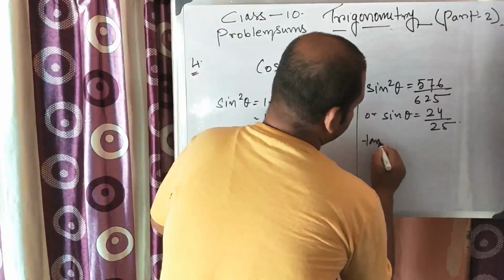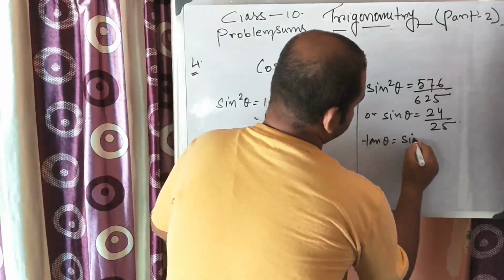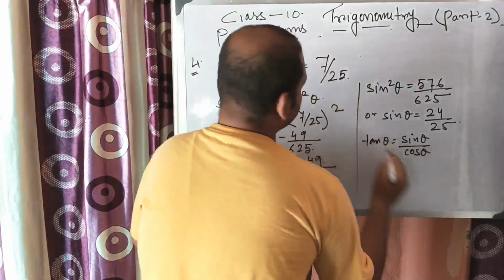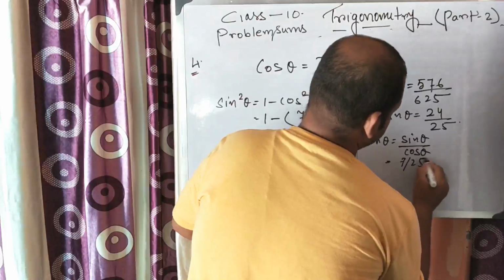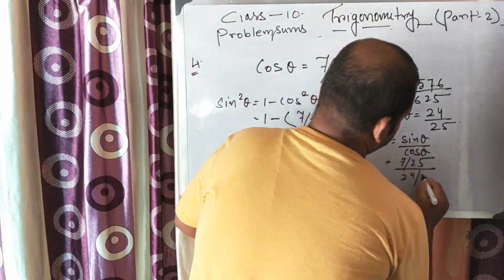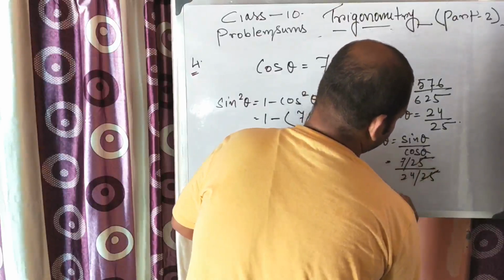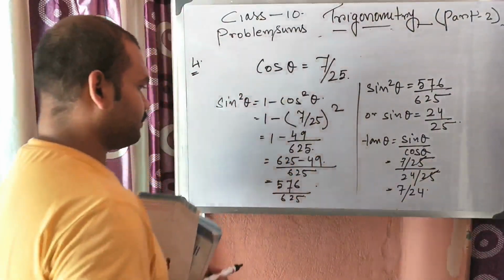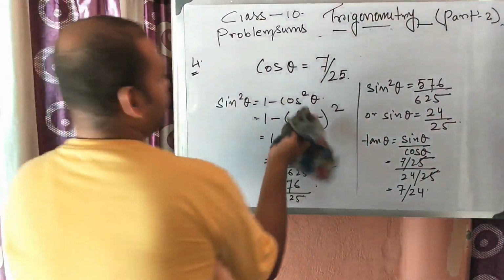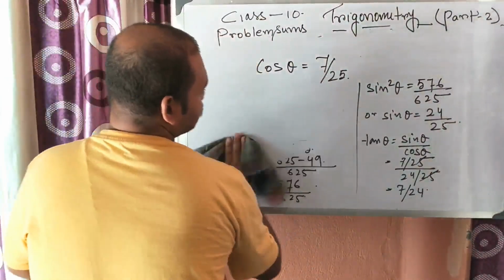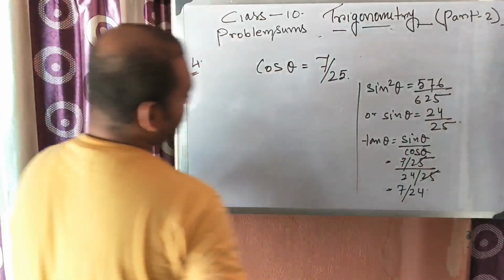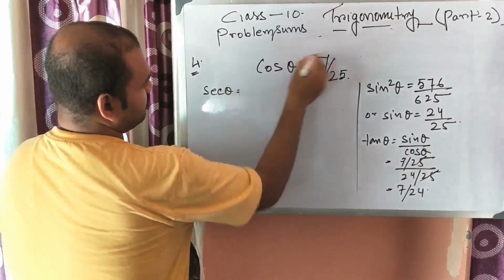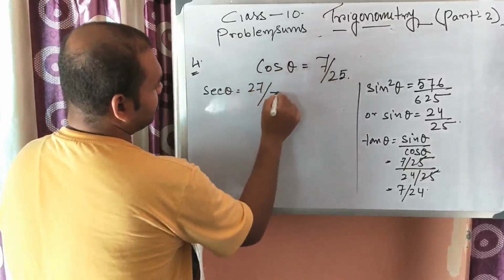So tan theta will be sin theta by cos theta. So write down sin theta is 24 by 25, cos theta is 7 by 25. So 25 25 cancel out. So 24 by 7. Okay, next sin, cos, tan we are getting. So all the other sec will be 25 by 7, reciprocal.